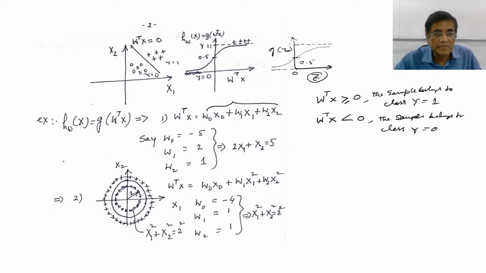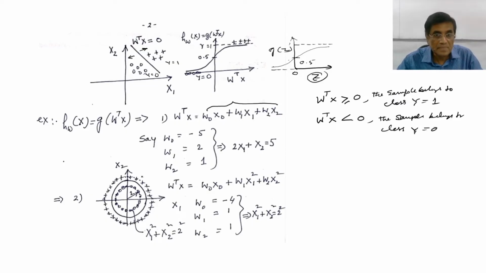So this is the equation of this line, which is called the decision boundary. If the sample lies here, it belongs to the y equal to 1 class; if the sample lies here, it belongs to the other class. So implicitly the predictor is designing the decision boundary. Is it clear? It is a very simple concept, but it needs to be observed from the function itself, and I explained it already.